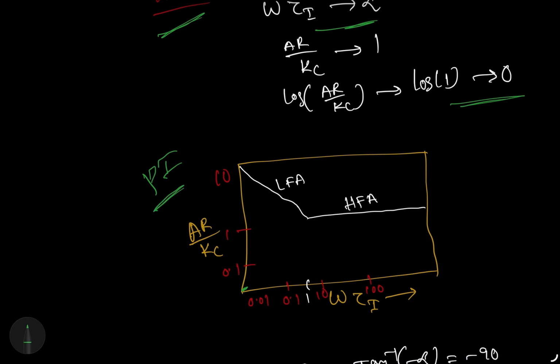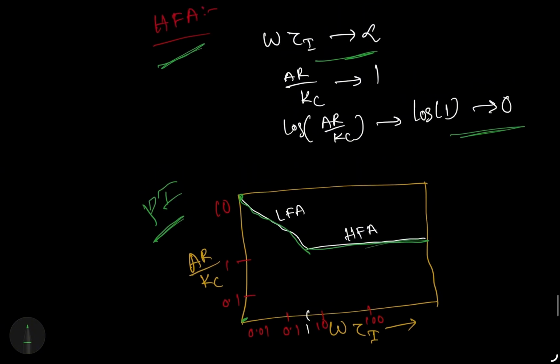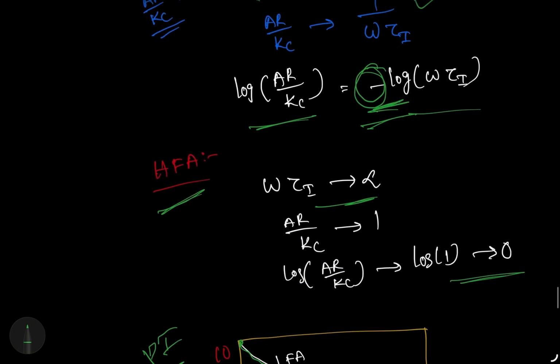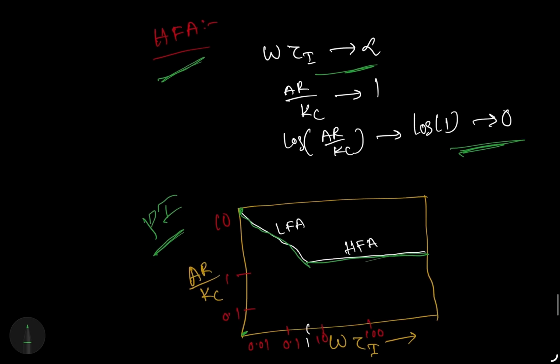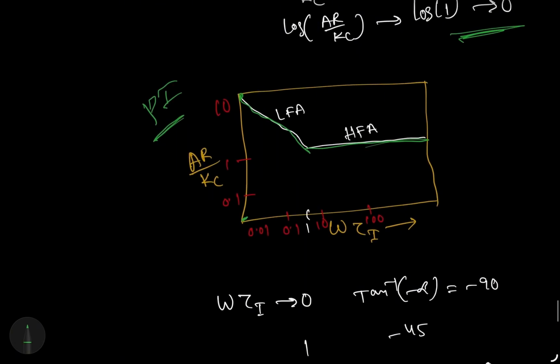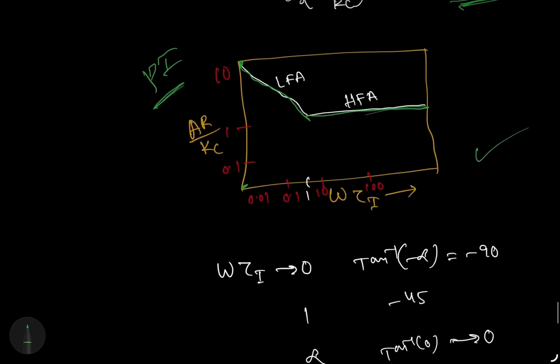The low frequency region has a slope of -1 and the high frequency region has a slope of 0. Very, very important, please remember. This is completely different between the previous and this one.